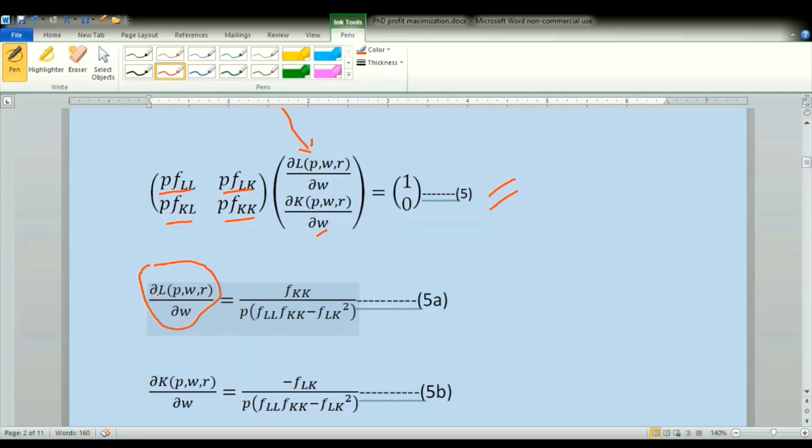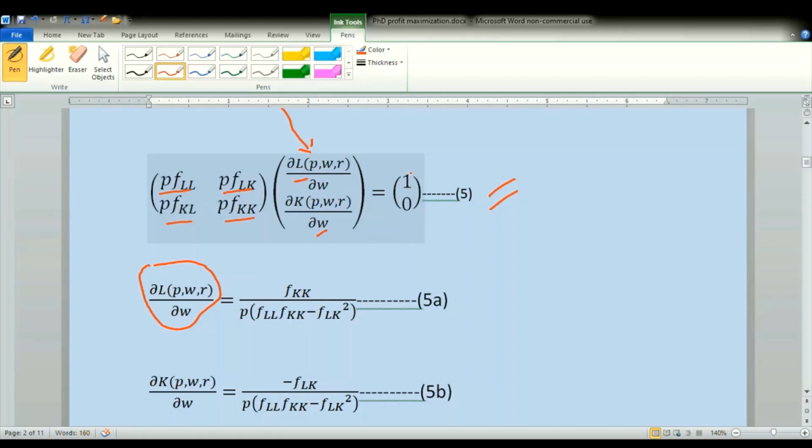What is going to happen to labor demand? So when we solve this, we will be putting 1, 0, because we are solving for ∂L/∂W, the first element in this vector.